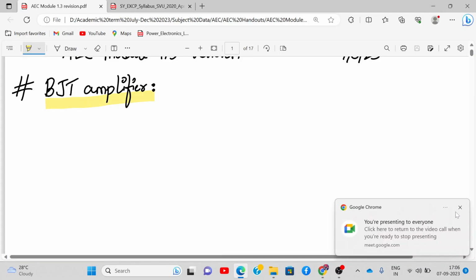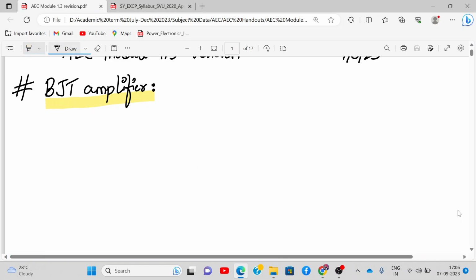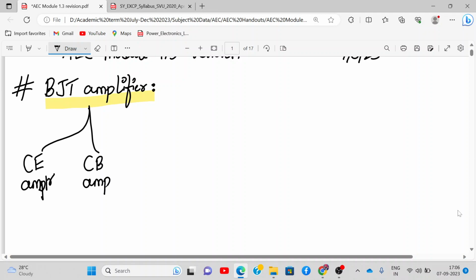So let me give you a brief about BJT as an amplifier. In BJT amplifiers, basically we have three types: the common emitter amplifier, the common base amplifier, and the common collector amplifier.